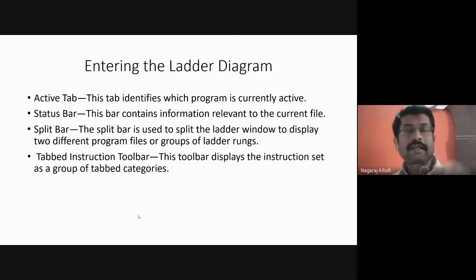Split bar. The ladder program, the rung diagram, whatever you have written, is split into groups of ladder rungs. That is called the split bar. This is used to split the ladder window to display two different program files or groups of ladder rungs.